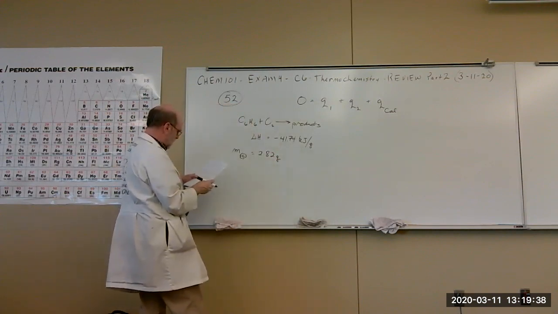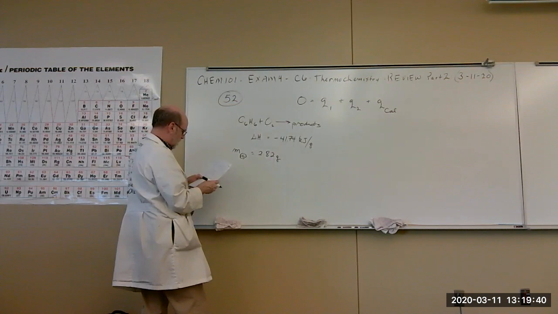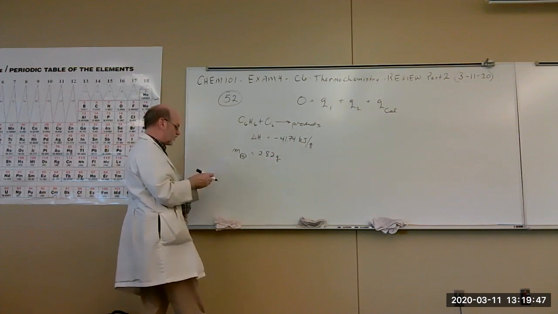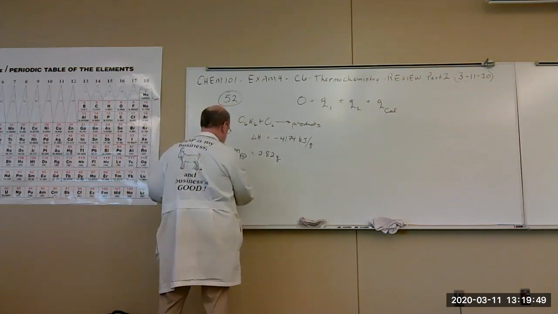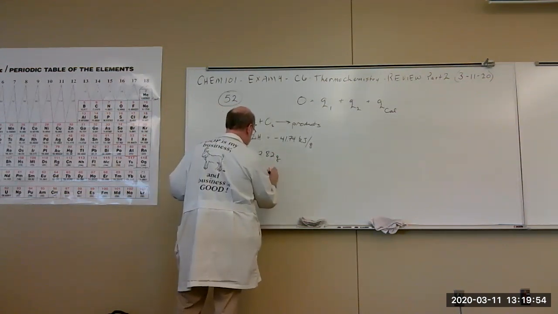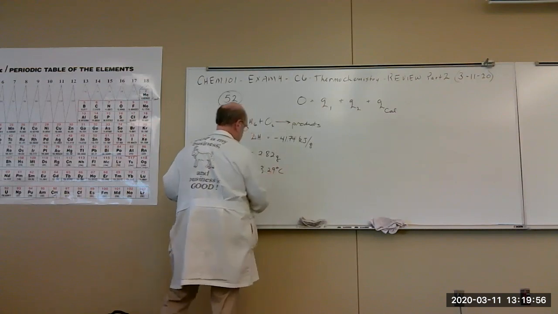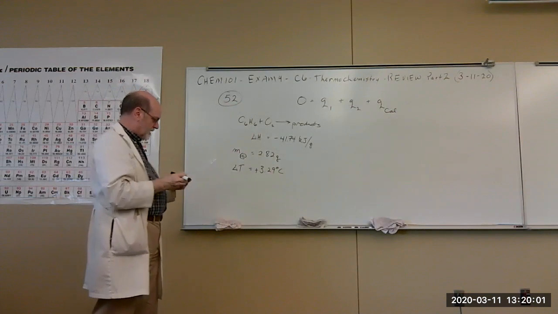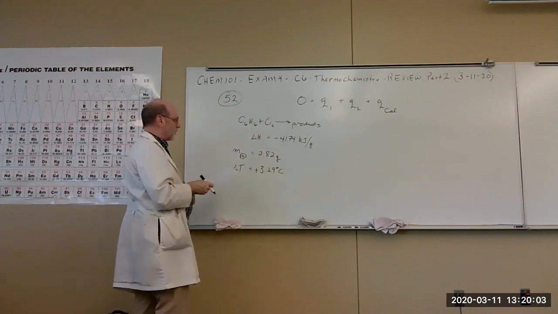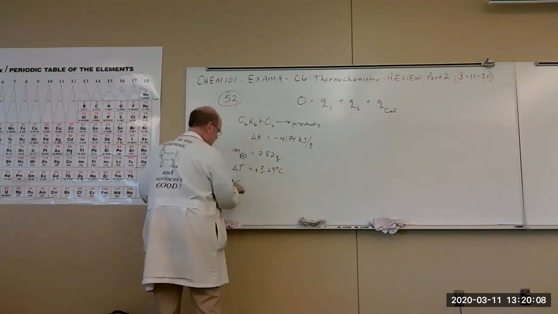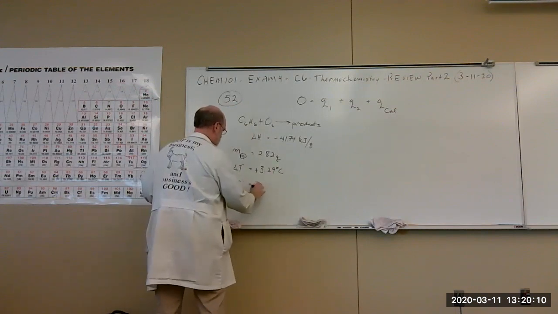And combustion causes a temperature rise of 3.29 degrees C. So it actually tells us that the change in temperature is 3.29 degrees C. It increases by that much in the calorimeter. What's the heat capacity of the calorimeter? So the question is, what is that value for a calorimeter?